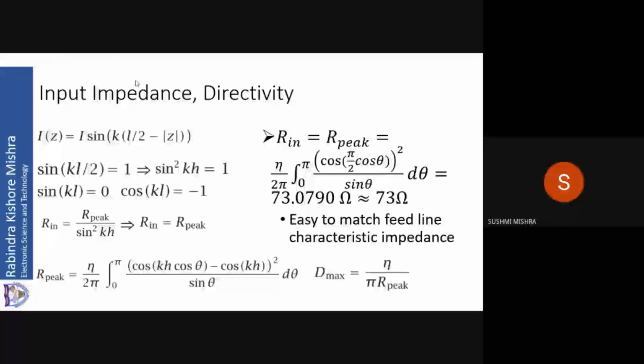Now if it is 73 ohm, then the advantage is it is easier to match this value to the characteristic impedance of the feed line. When we are using coaxial cables, the characteristic impedance is around 75 ohms, although for most devices the output impedance is about 50 ohms.